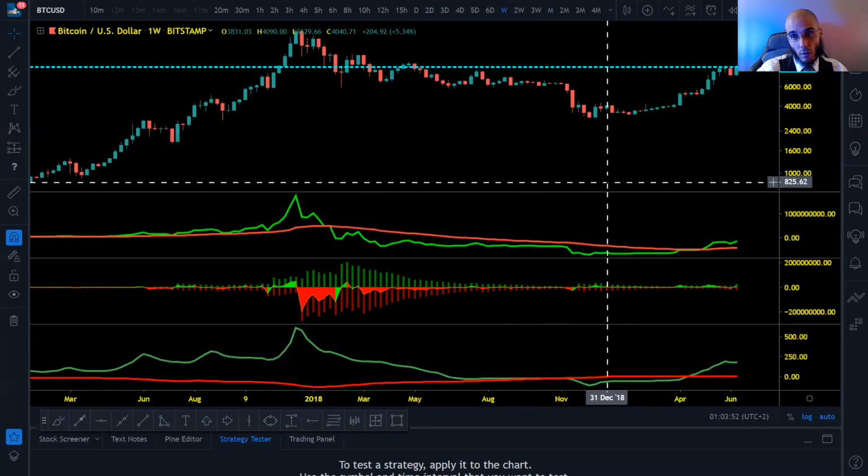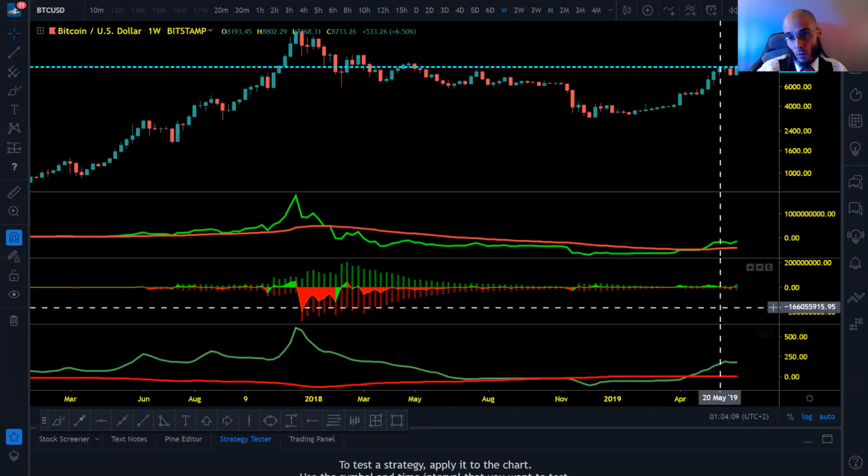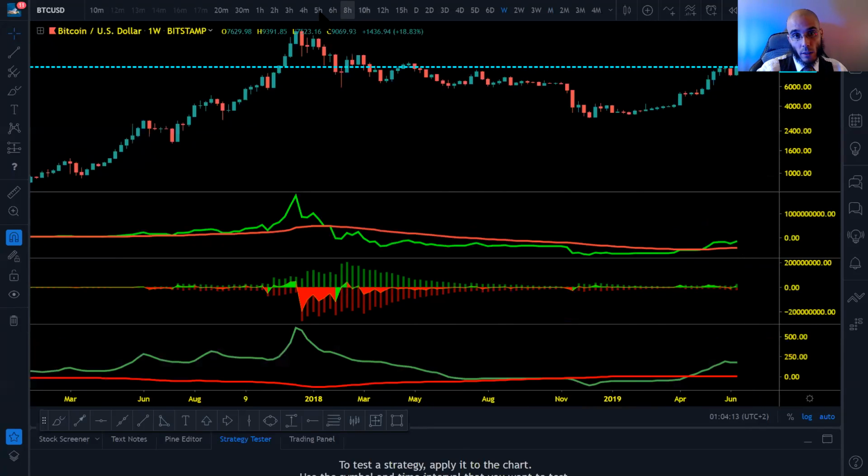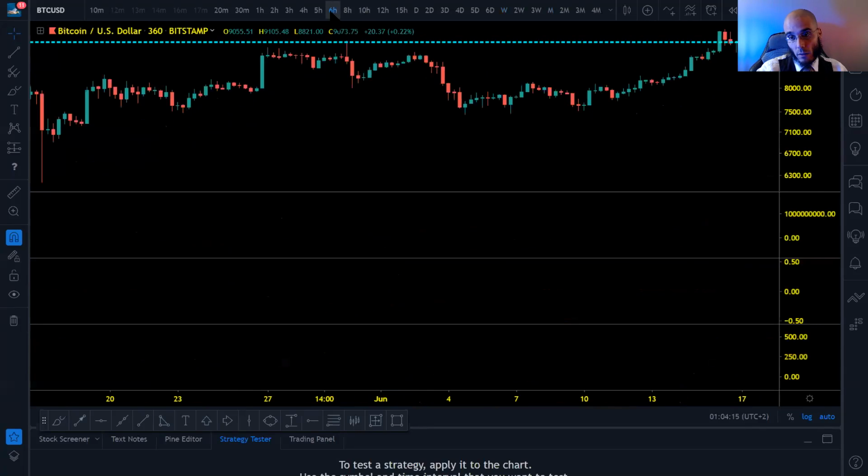Here we have the next indicators, which are candle body weighted, net force, and modified rate of change, and NVK intraday MAs. So I expect everything to be positive. On the 1 week, it's the case, and on the 6 hour, it will also be the case, I guess.